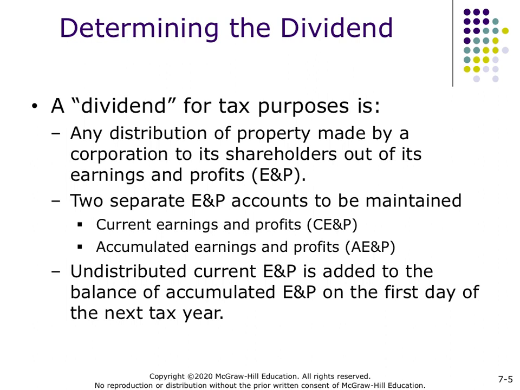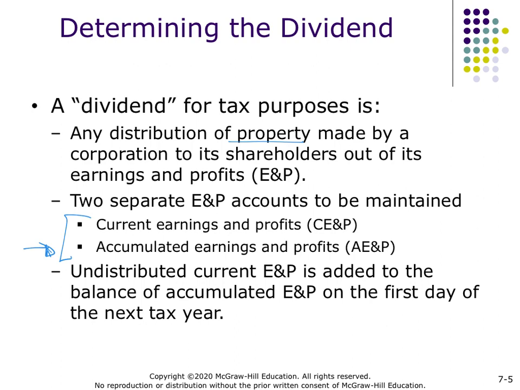All right, so essentially, it's treated as a dividend for tax purposes if the distribution of property, but remember property can be cash, right, is made out of its earnings and profits. And that can be either current earnings and profits or accumulated earnings and profits, okay? And how do we get this accumulated earnings and profits? Well, that's the balance of earnings and profits left over from all the previous years, okay?